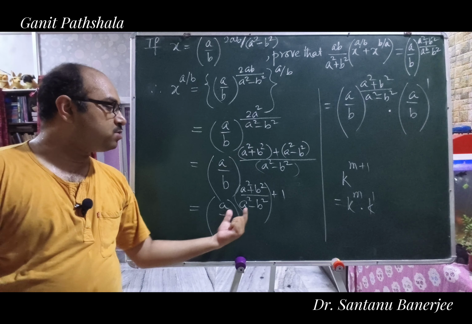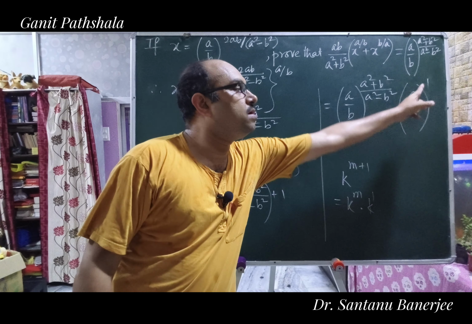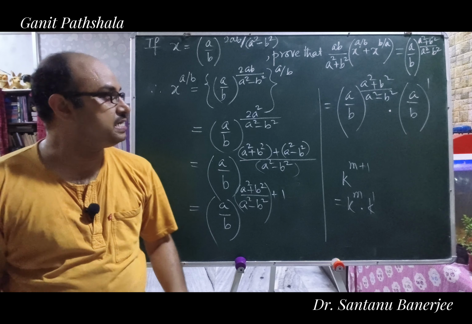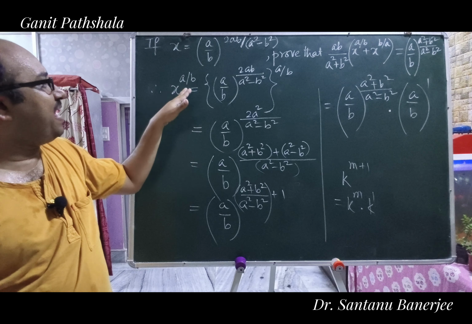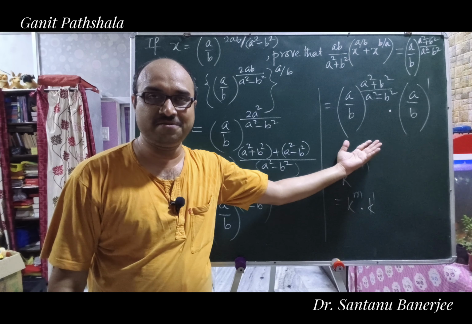So (a by b) whole to the power this plus 1 means (a by b) whole to the power this into (a by b) whole to the power 1. Simple law of indices. So the value of x to the power a by b, you get this.